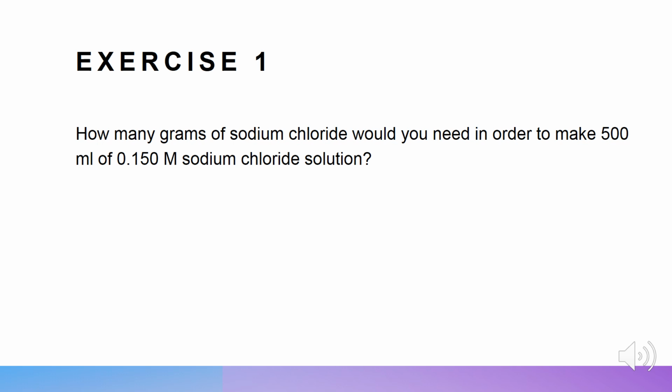Now let's discuss the answer. To calculate the mass of sodium chloride, you must have the number of moles of sodium chloride. The number of moles of sodium chloride can be calculated by multiplying the molarity with the volume of solution.